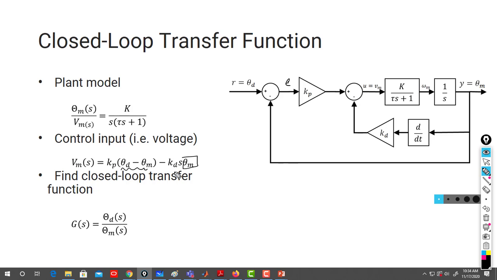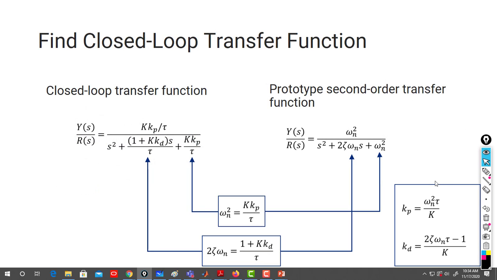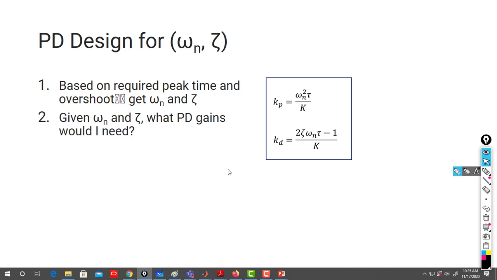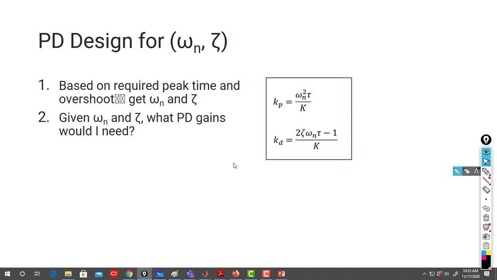Then you find the closed loop transfer function and do the comparison. That's the closed loop transfer function, and that's your desired transfer function. Knowing omega n and zeta, you can find kp and kd.